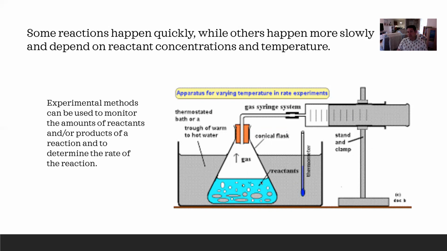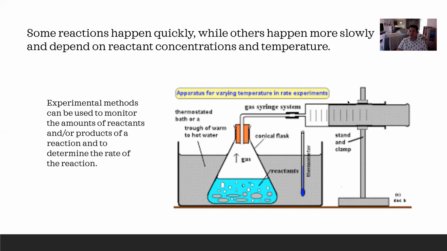So here's an example of a reaction. This could be an experimental setup, a reaction where the reactants produce a gas. And what we're going to do is the gas is going to be collected and connected to a gas syringe. So as more gas is produced, the syringe will expand against a constant external pressure, right?